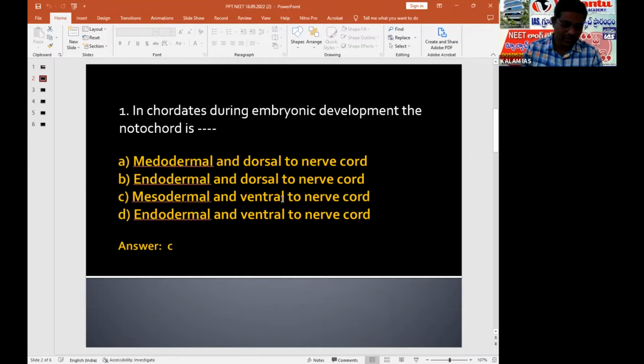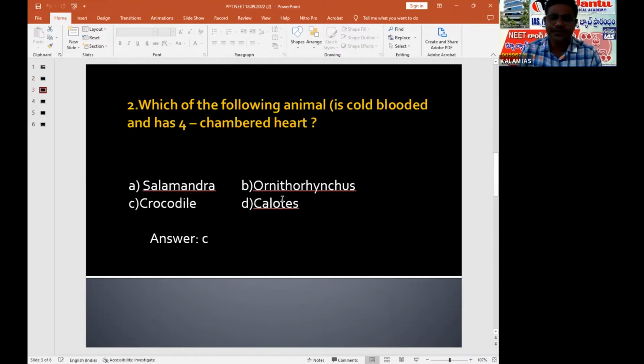Then go for the second question. Which of the following animals has a four-chamber heart? But the logic is, which is a cold-blooded animal? You remember that point, cold-blooded. You know cold-blooded and warm-blooded.